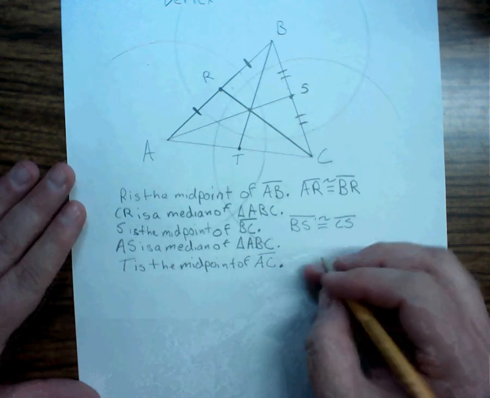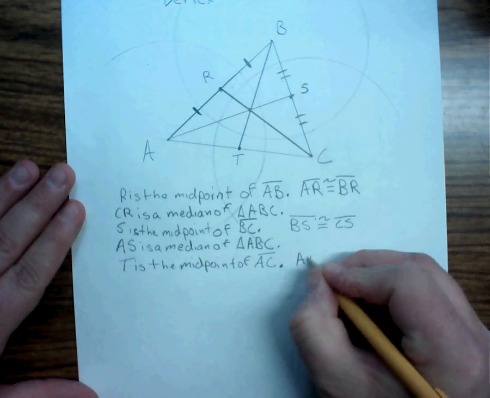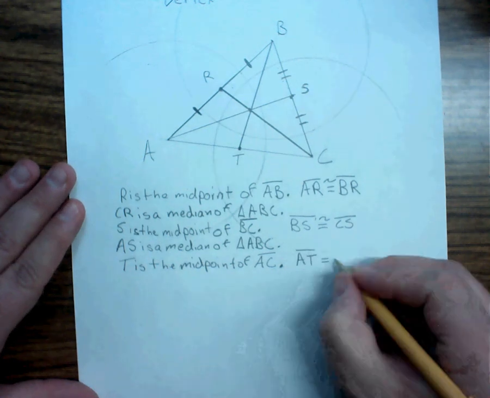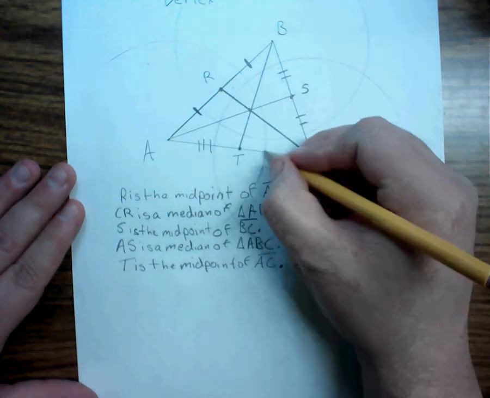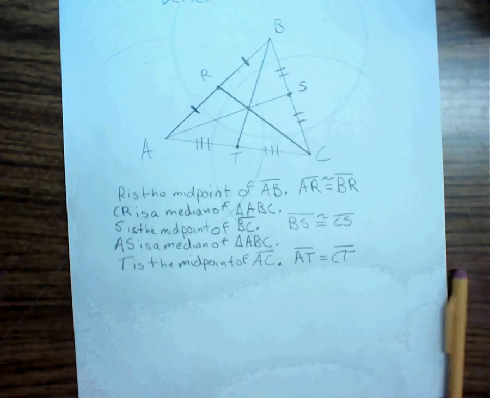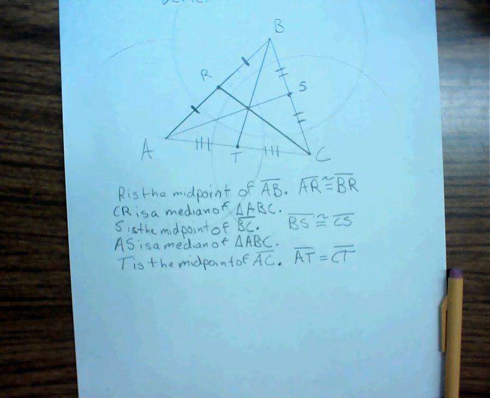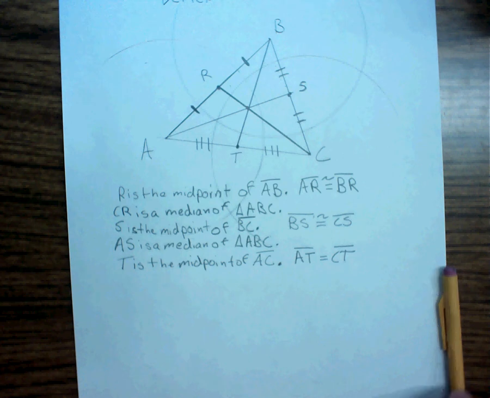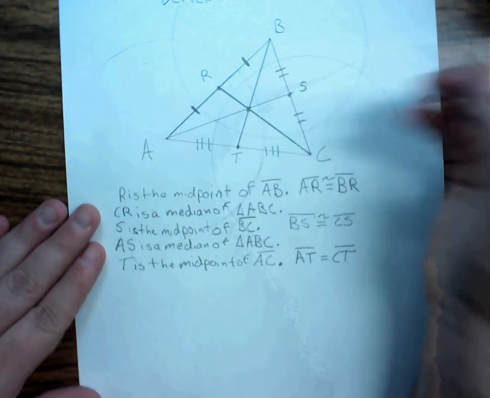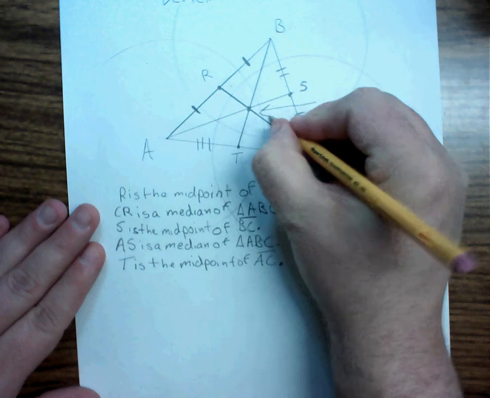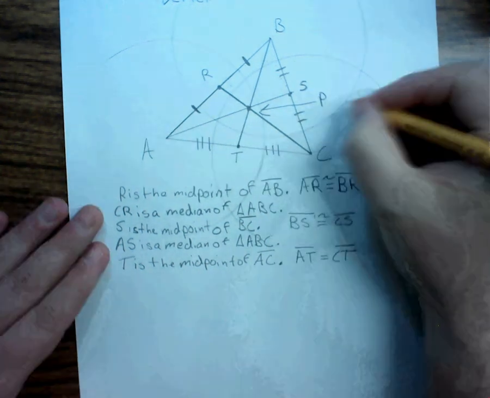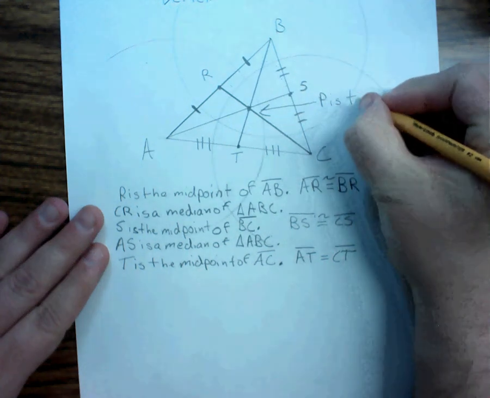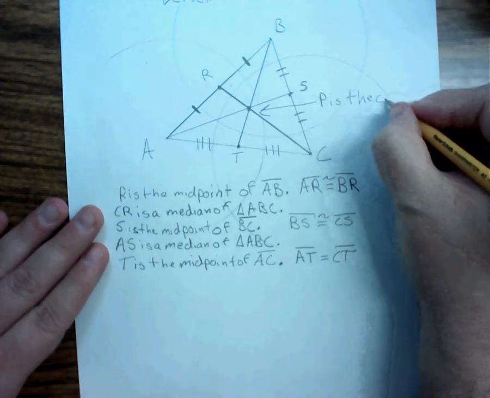They're equal. So I could say that AT is equal to CT. So I'm going to put 1, 2, 3 tick marks there and 1, 2, 3 tick marks there. This point right here, we're going to call that the point P. And P is the centroid.